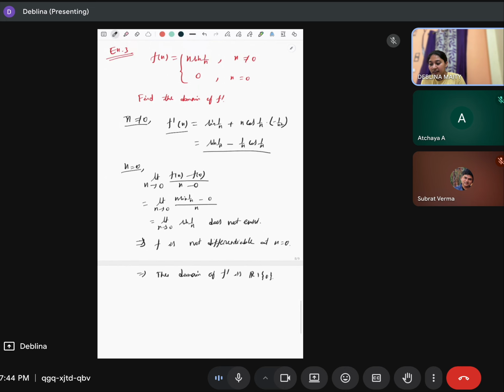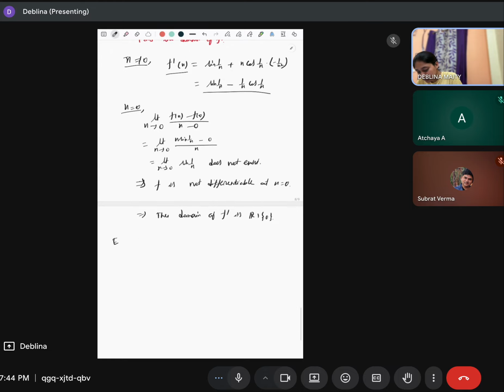What about x square sine 1 by x? If we take this function now, x square sine 1 by x when x is not 0 and 0 when x equals 0, what is the domain of f dash here?